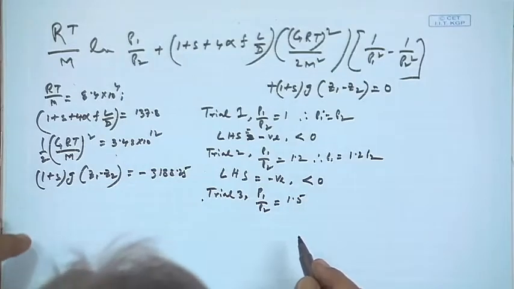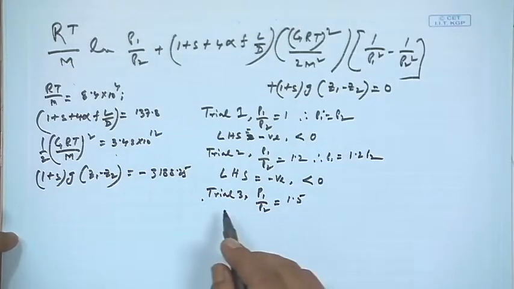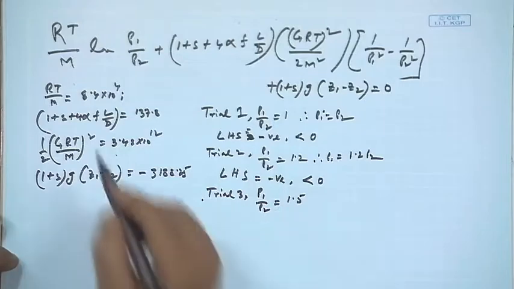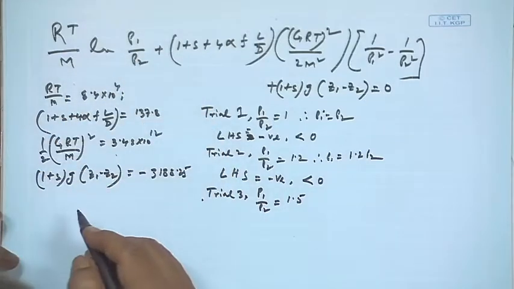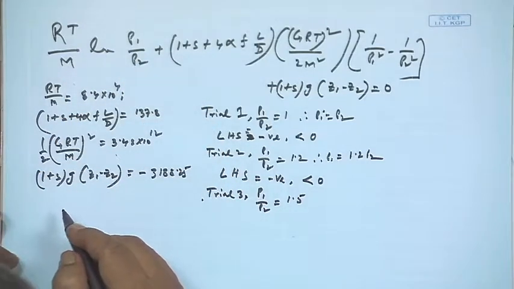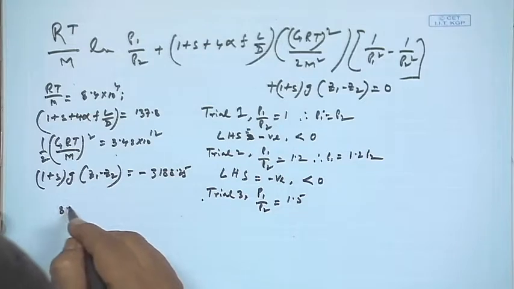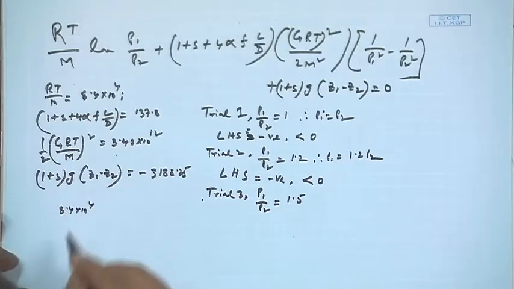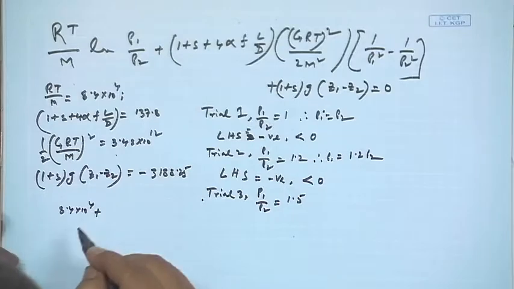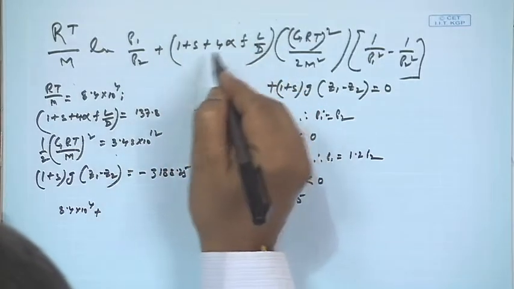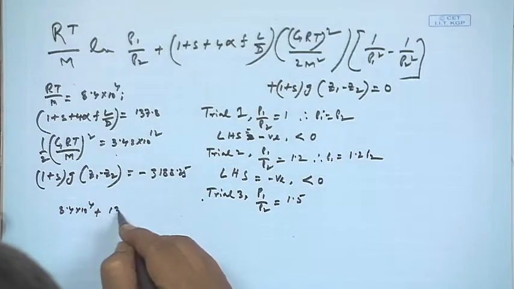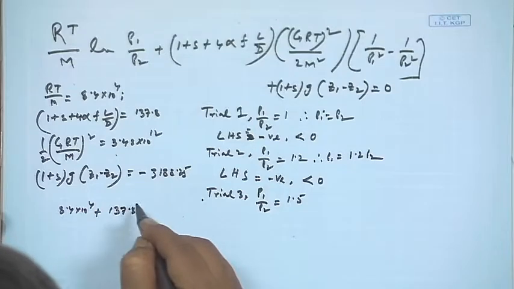This becomes positive. If we take this value we have found out to be RT by M, 8.4 into 10 to the power 4, plus this value we have seen, 137.8, right.